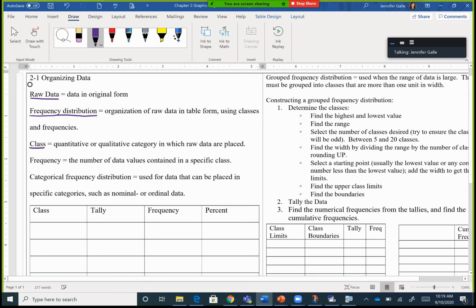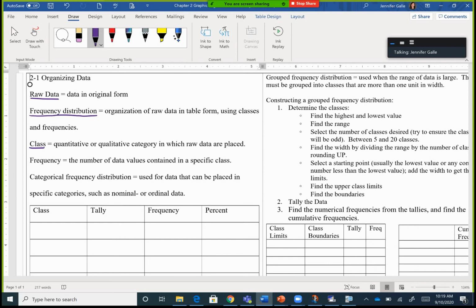All right, so a class, here comes some vocab from chapter 1. Some of you are like, woohoo, and others are like, yep, that test is done. A quantitative or qualitative category in which we place our raw data. So notice, though, it can be quantitative.